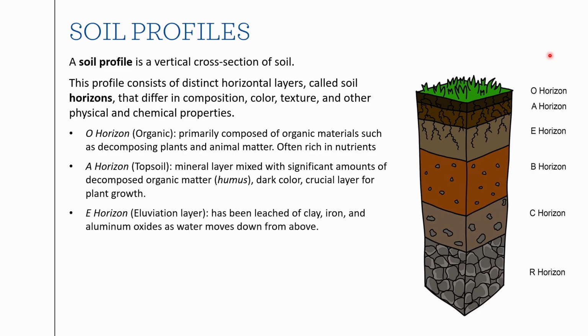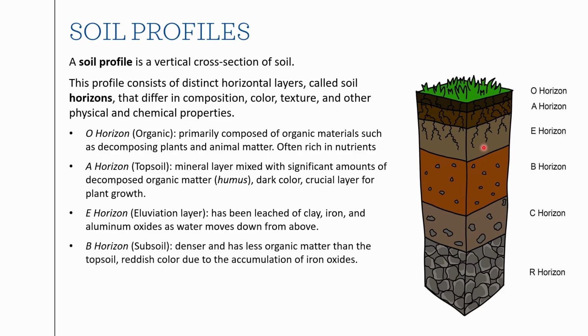The E horizon is known as the alluviation layer, and this basically is an area where water, as it rains, will percolate through the A horizon, and as it does that, it's going to carry some of those minerals with it down through this layer. So this is sometimes called a leaching area. It's bringing down clay and iron and aluminum oxides into the layer below that, which is the B horizon.